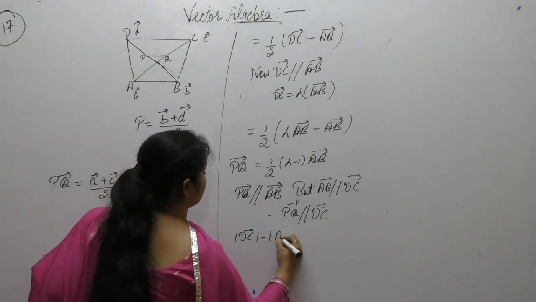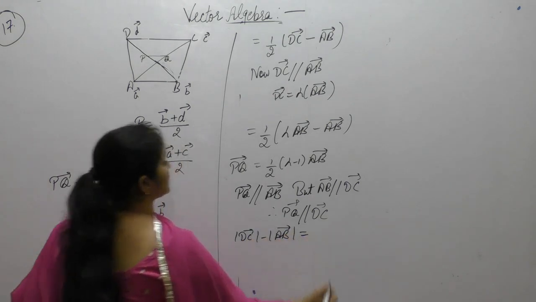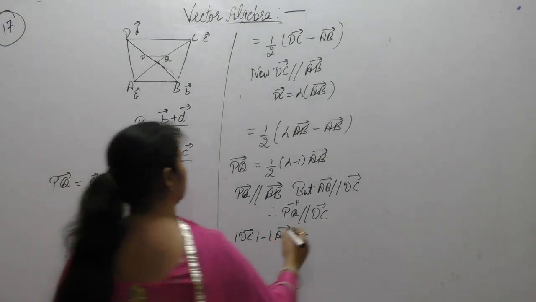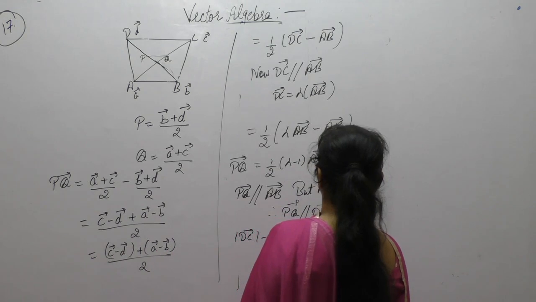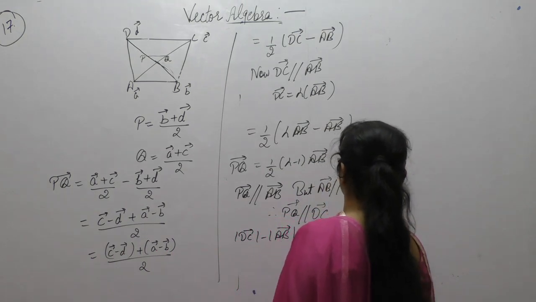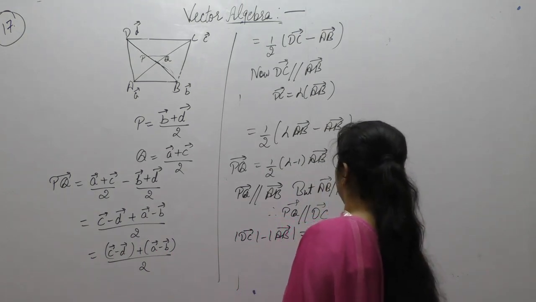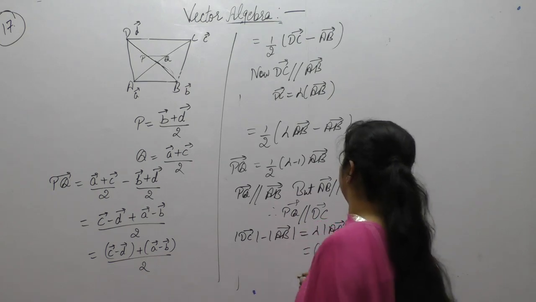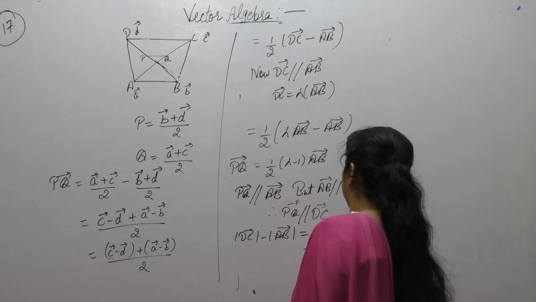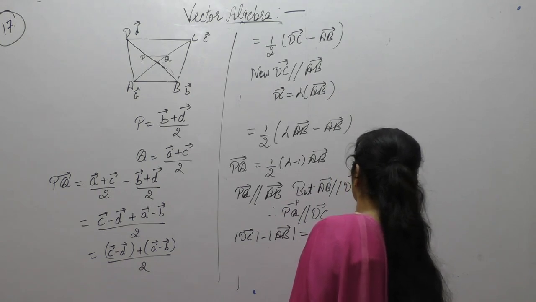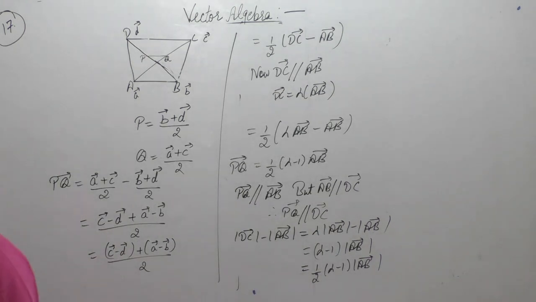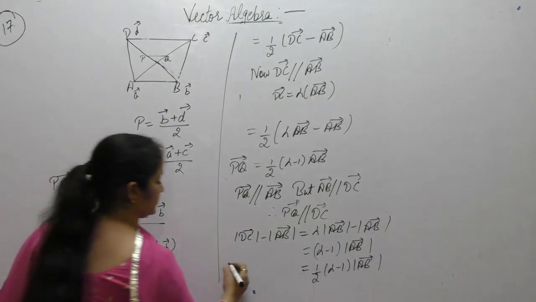DC vector minus AB vector, lambda minus 1 AB vector magnitude, divide by 2 on both sides.